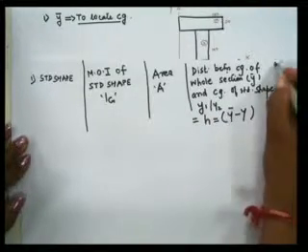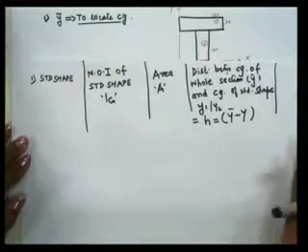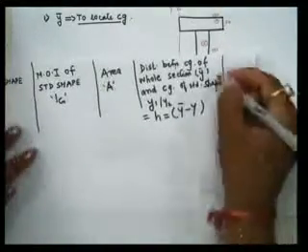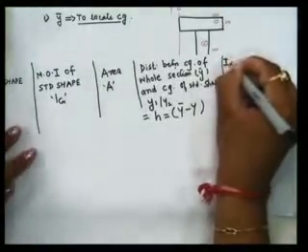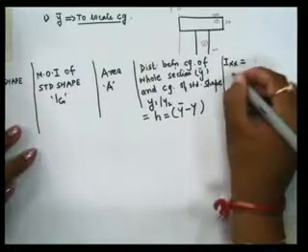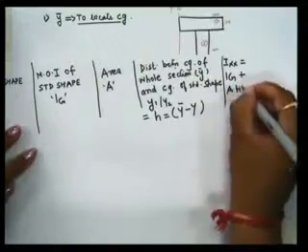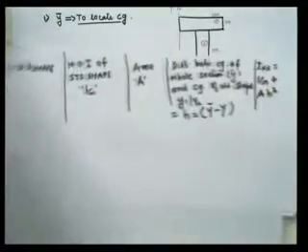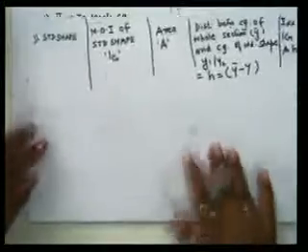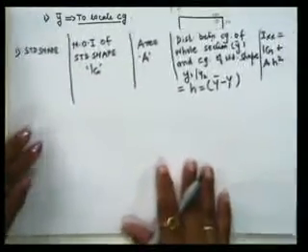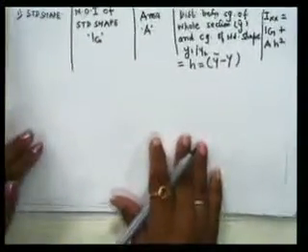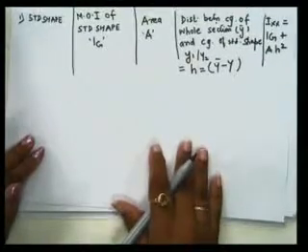Okay, and the last will be Ixx, that is equal to Ig plus A H square. Okay, so this is our table for moment of inertia. Okay, I think you are able to see. Yeah.